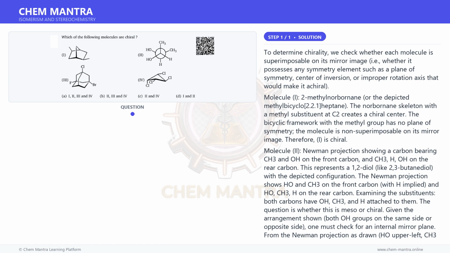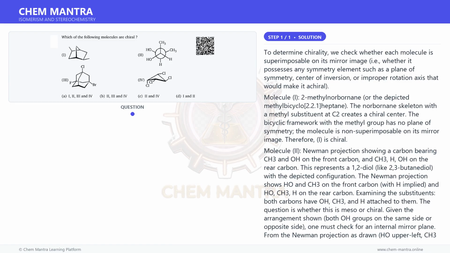The two stereocenters have different configurations, making this the chiral, non-meso form of the diol. Therefore, 2 is chiral.